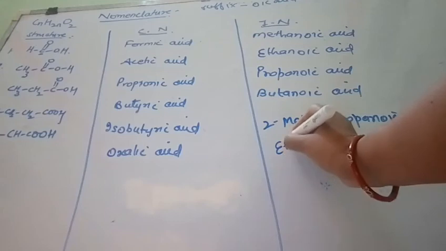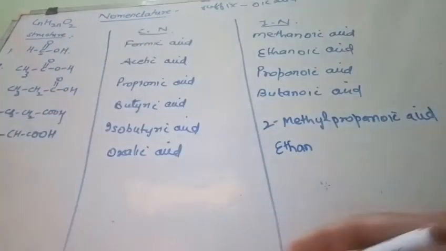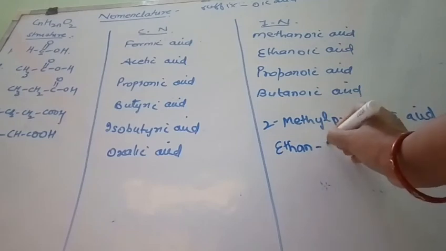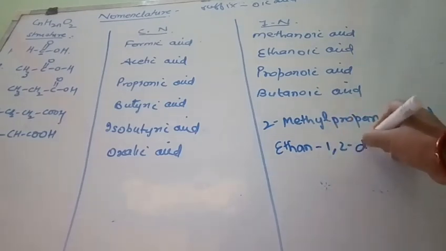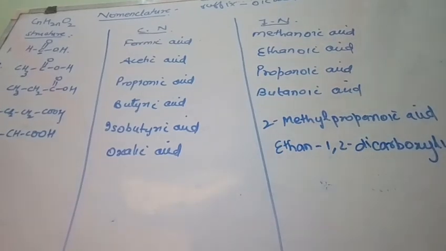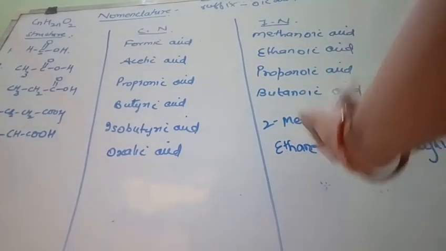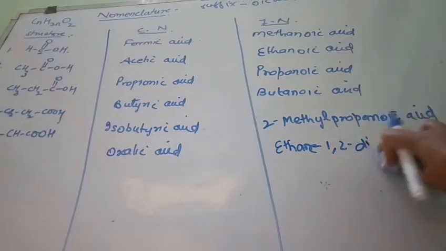So for 2 carbons this is ethane, because carbon single bond is there, so ane. Now at 1 and 2 both carboxylic acid groups are there, so ethane 1, 2, we will retain the E, 1, 2 dioic acid, not dicarboxylic, dioic acid.